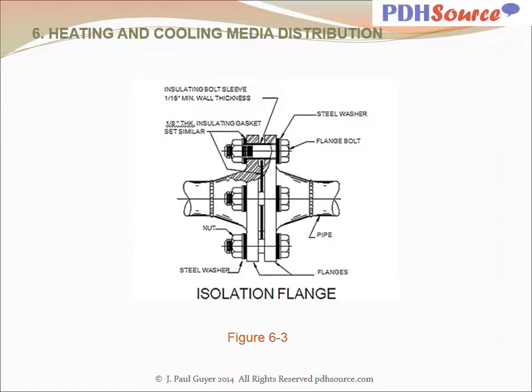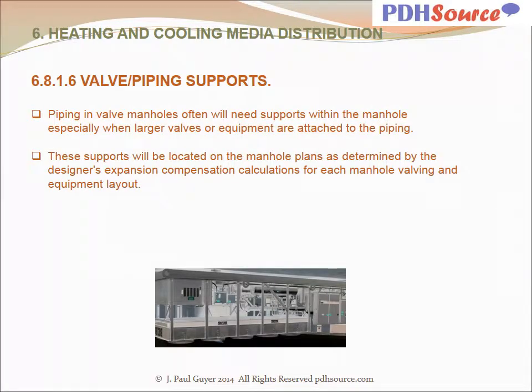Figure 6.3 indicates a typical electrical isolation flange. Piping in valve manholes often will need supports within the manhole, especially when larger valves or equipment are attached to the piping. These supports will be located on the manhole plans as determined by the designer's expansion compensation calculations for each manhole, valving, and equipment layout.